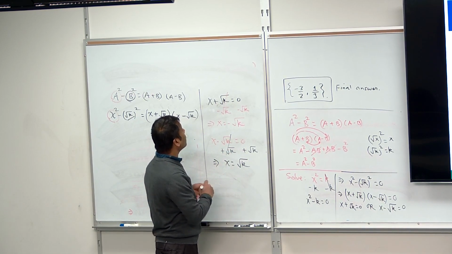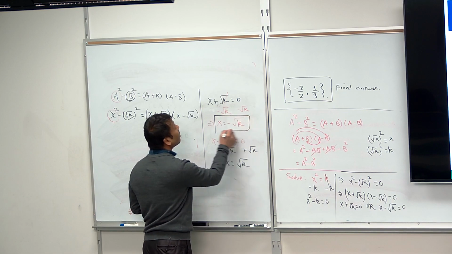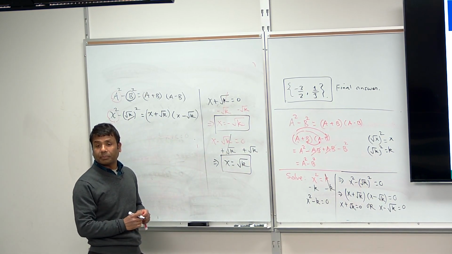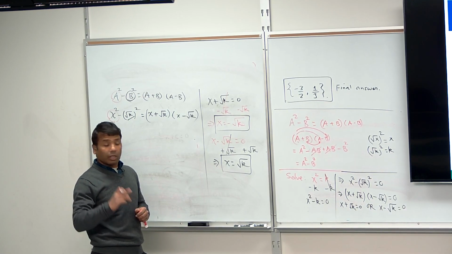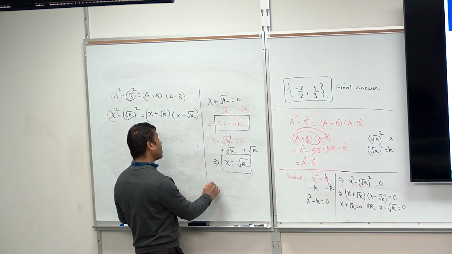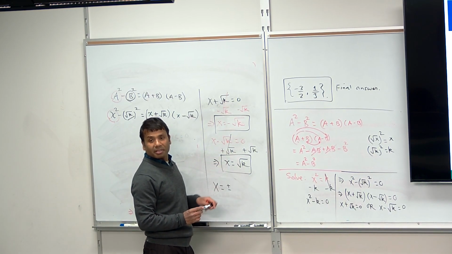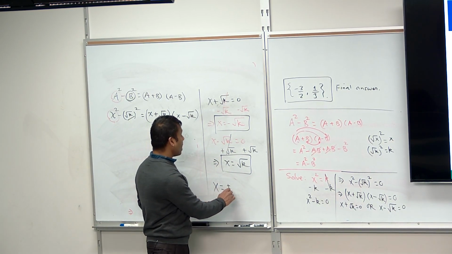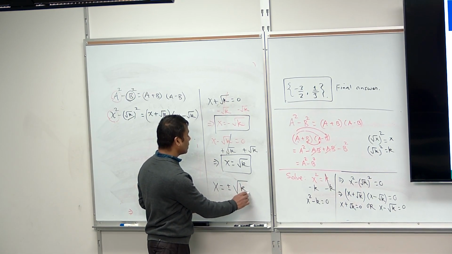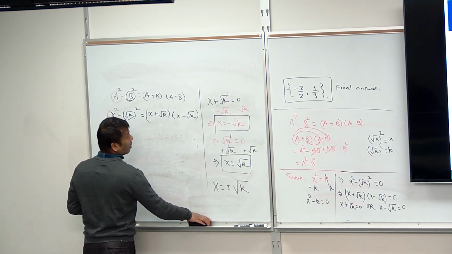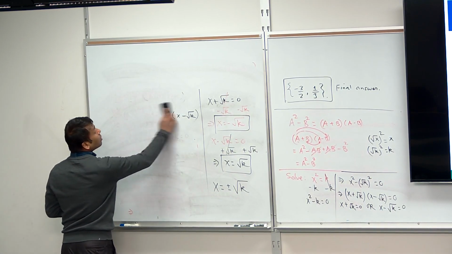Now you see we got two values of x. One is negative radical k, another one is what? Positive radical k. If you combine them, we can write it like this, plus or minus, because one is positive, another one is negative. So now x is plus or minus what? Radical k. So let me write down that this is called the square root property.